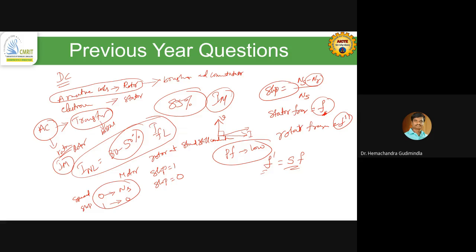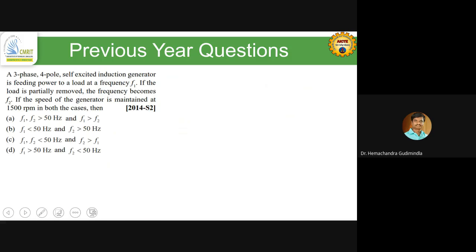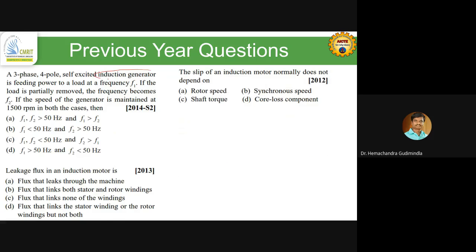Now if you look at the generator, the rated speed is higher than the synchronous speed. So in that case, the slip is negative. Anyway, that we will discuss in the problems. Now, a 3-phase 4-pole self-excited induction generator.